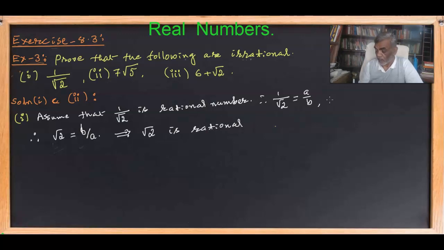Here b is not equal to 0. A rational number, a contradiction, and therefore 1 by root 2 is irrational.